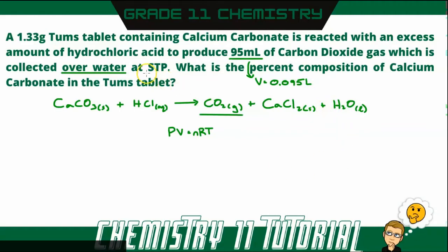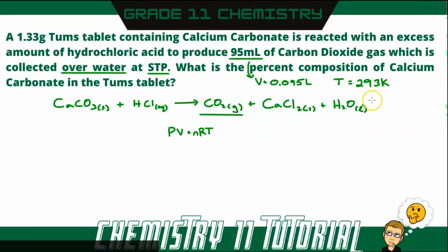Now temperature, which it says is STP, would be 0 degrees Celsius. But I'm going to change that to about 20 degrees Celsius because in the actual lab that we performed, that was about room temperature. So let's just change the problem a bit to 20 degrees Celsius. But we're going to need to change that into Kelvin. So we take 20 plus 273, which gives us 293 Kelvin.